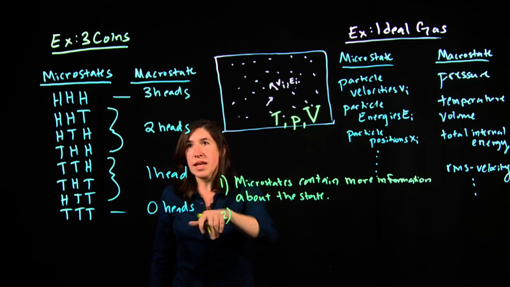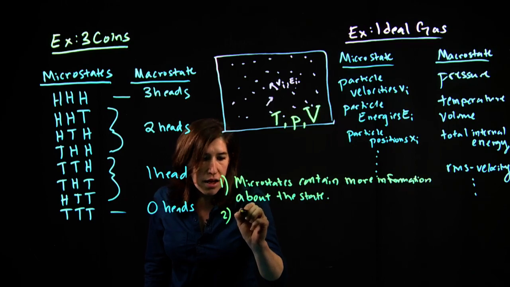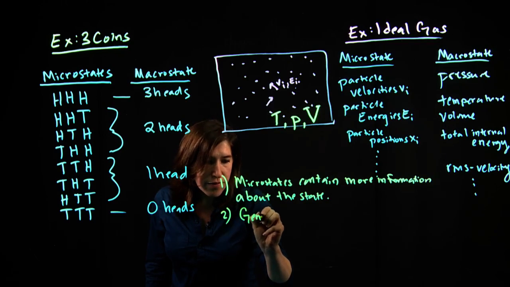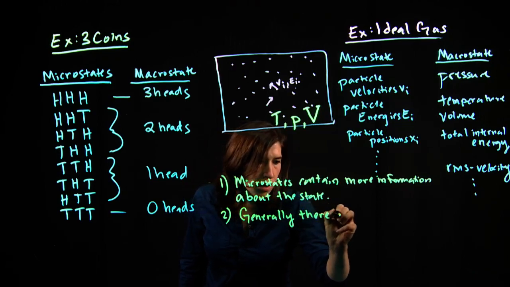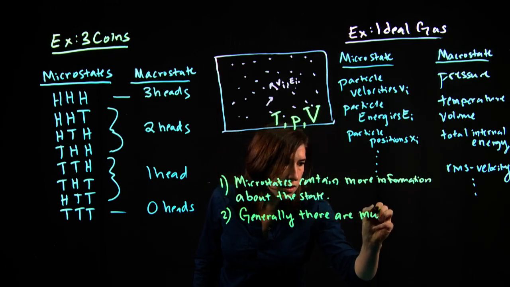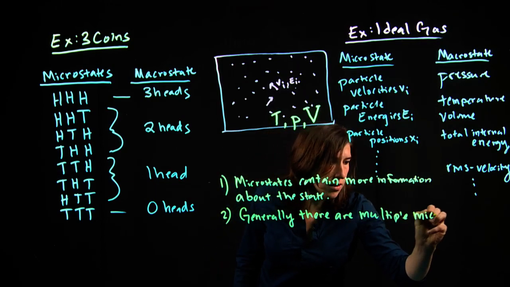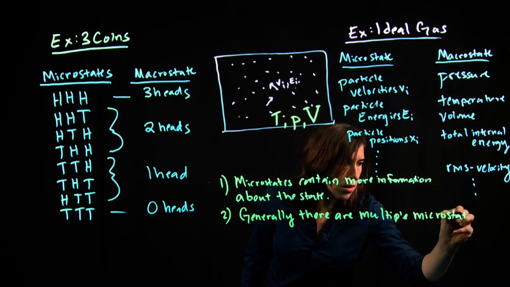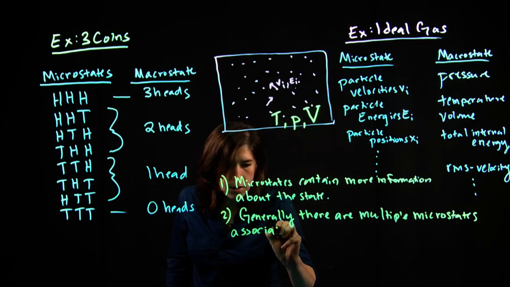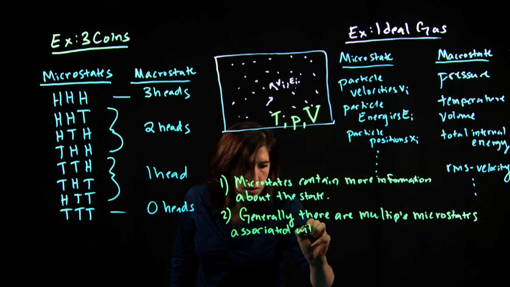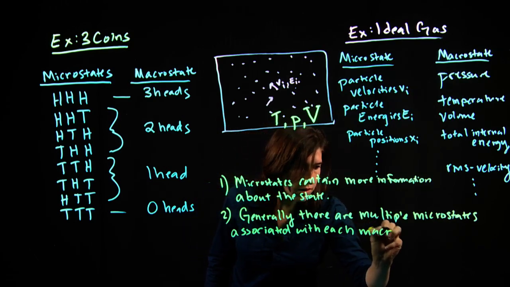Two, what that also means, and what we saw really explicitly here, is that generally there are multiple microstates associated with each macrostate.